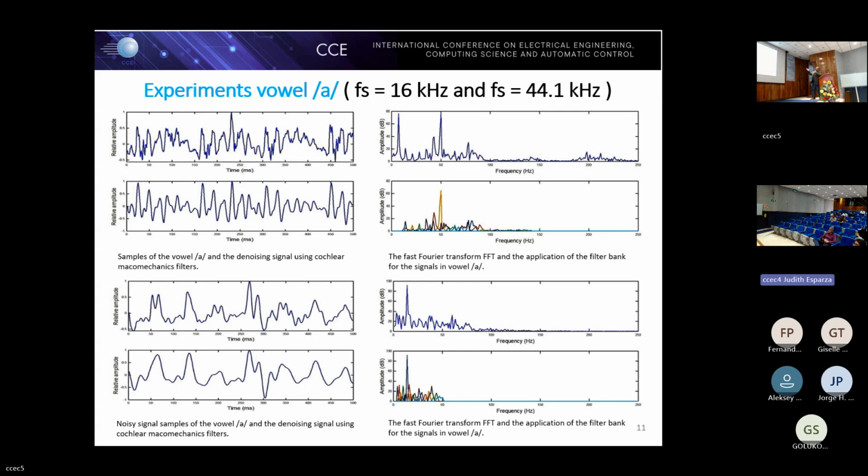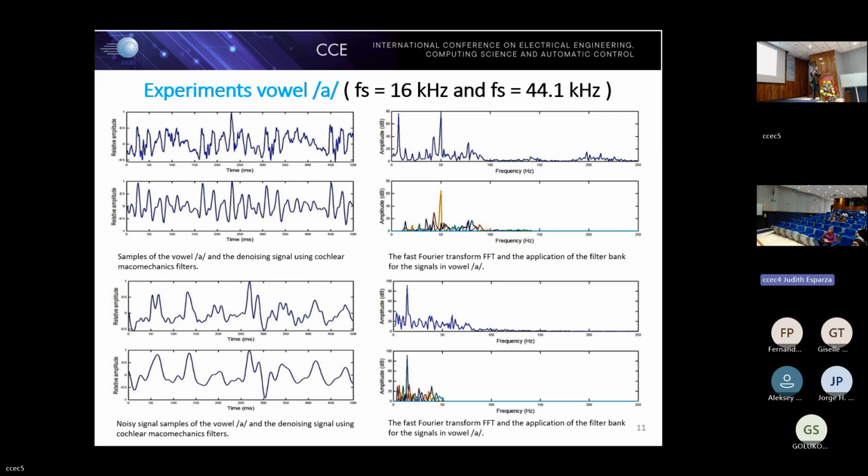For this specific condition, I only use the vowel and semi-vowel phonemes. This graph corresponds to the vowel A, where there is no noise present. I apply the filters to the spectrum, with the fast Fourier transform, that corresponds to this part of the samples. And when I apply the filters, these are the results.